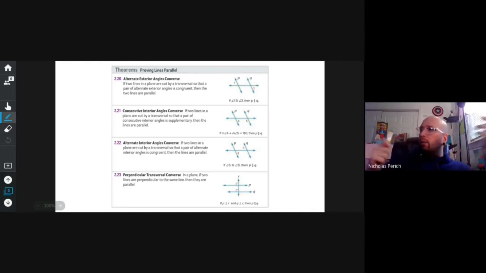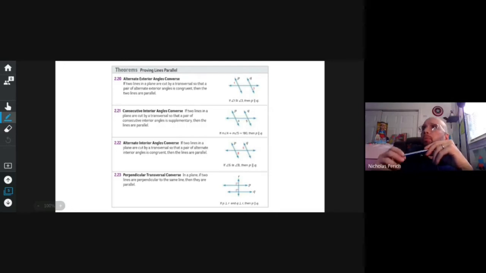What we learned last time was the alternate exterior angles theorem, which says if I give you parallel lines, then alternate exterior angles are congruent. Now I'm telling you that if they're congruent, then the lines are parallel. Same thing with interior angles, same thing with alternate interior angles, and same thing with perpendiculars.